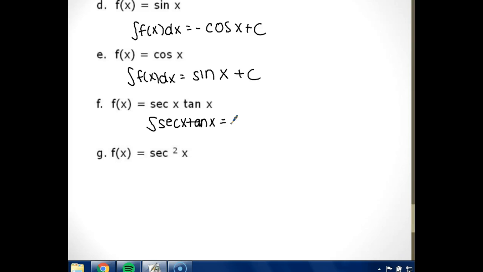Go down, go down. And secant squared. So nothing terrible.